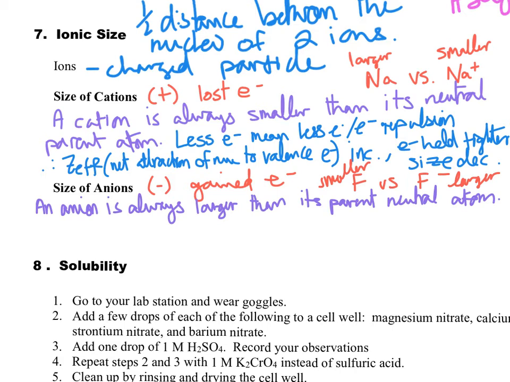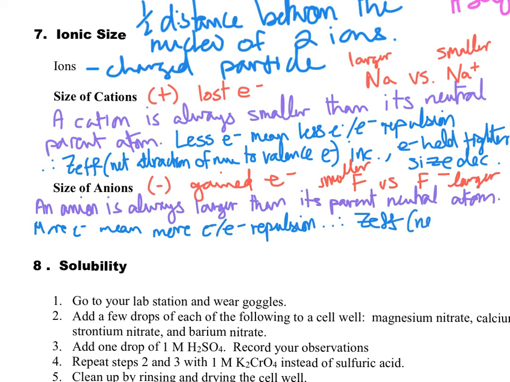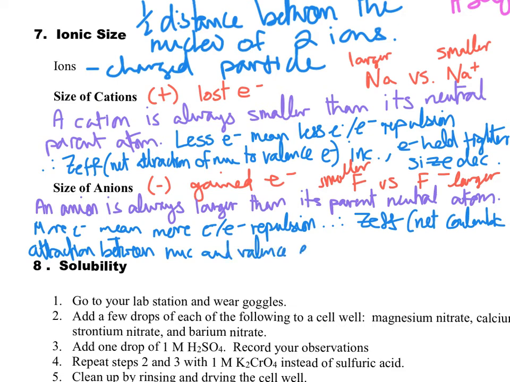So if I have more electrons mean more electron-electron repulsion, which means Zeff, which is my net Coulombic attraction between the nucleus and the valence electrons, decreases.